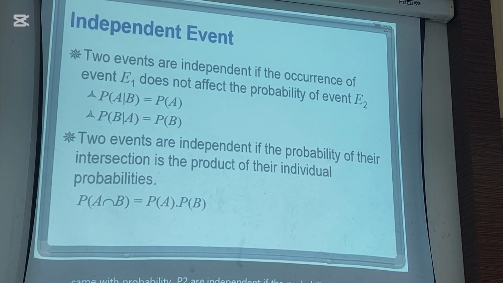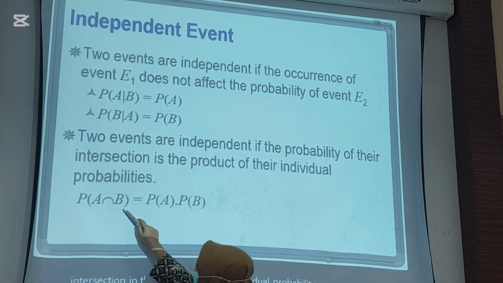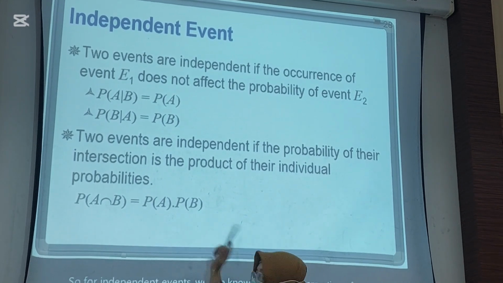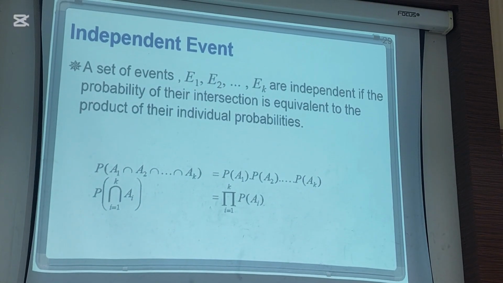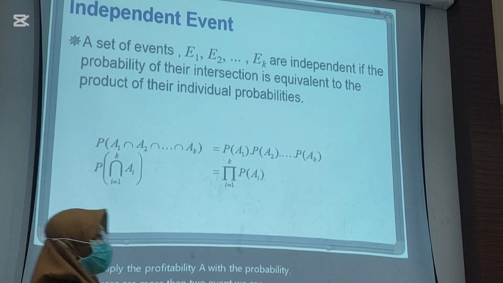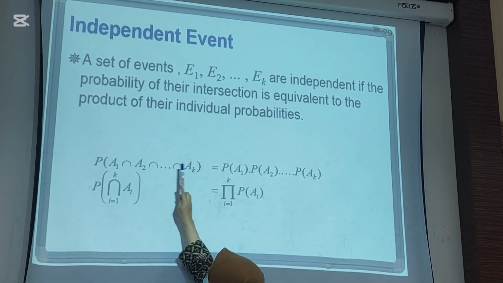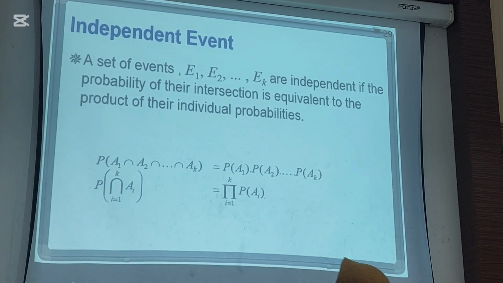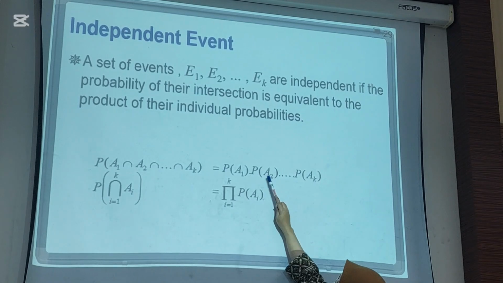So for independent events, we can find the intersection of A and B by multiplying the probability of A with the probability of B. If there are more than 2 events, we can generalize the formula. For independent events, the intersection is the multiplication of the probabilities of the events.